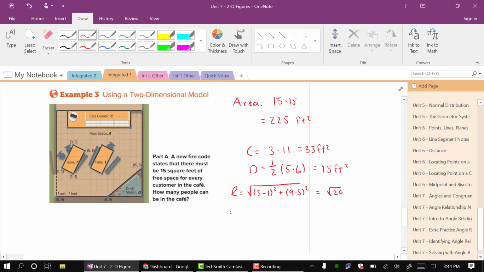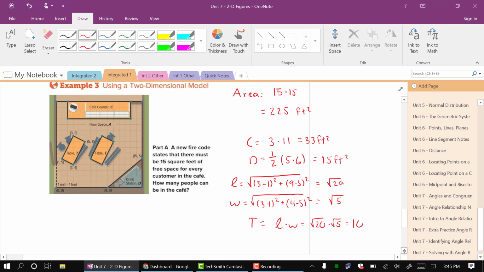And then my width is going to be the square root of 3 minus 1 squared again, plus 4 minus 5 squared. So this is going to give me the square root of 5. For the tables, my area is going to be length times width, which equals square root of 20 times square root of 5, which is 10, because 20 times 5 is 100, and the square root of 100 is 10.